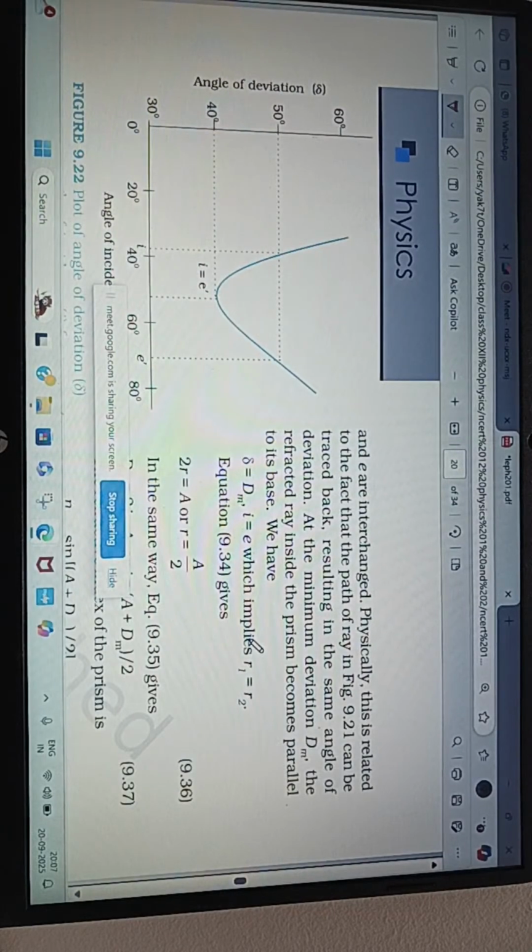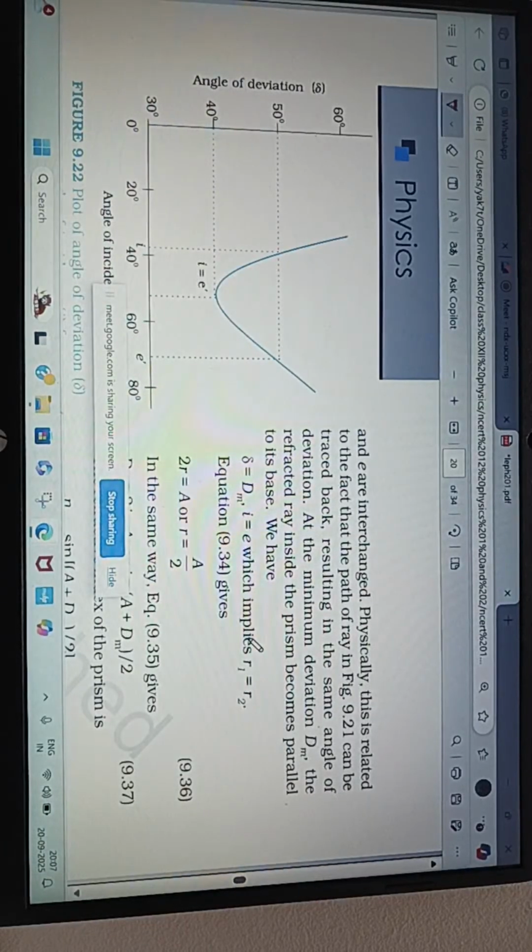Understood? So, what is angle of minimum deviation? If anyone asks, what is your definition? Question is clear?